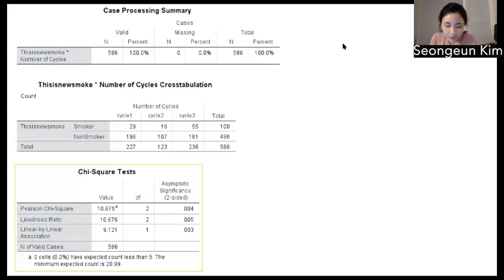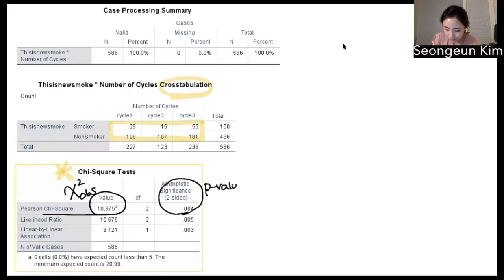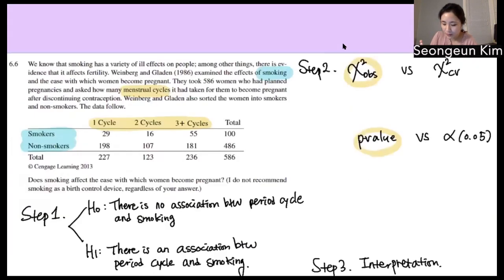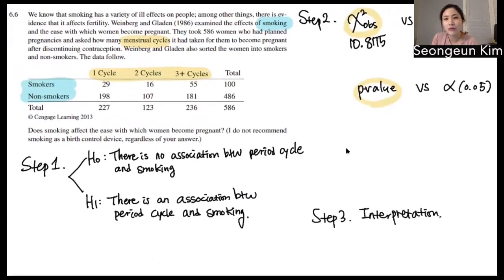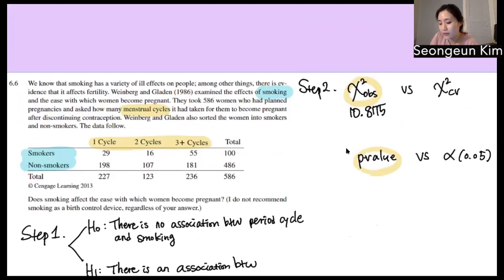This is a cross tabulation, and we need to see the chi-square test. This is the chi-square observed value, 10.875, and this is my p-value. To compare the chi-square observed value to the chi-square critical value, we need to know the degrees of freedom.